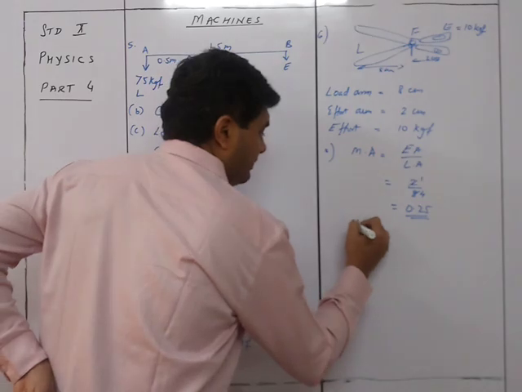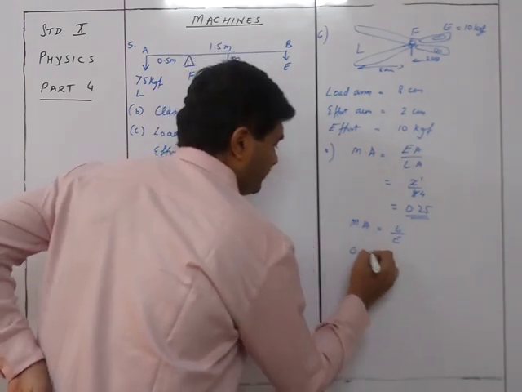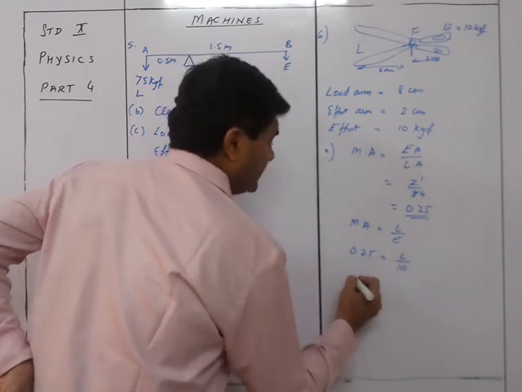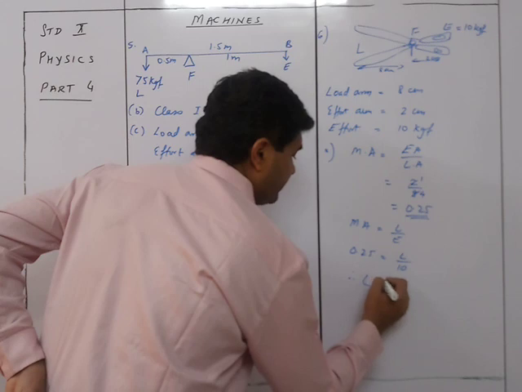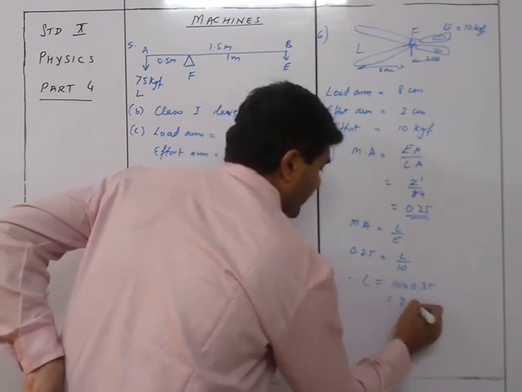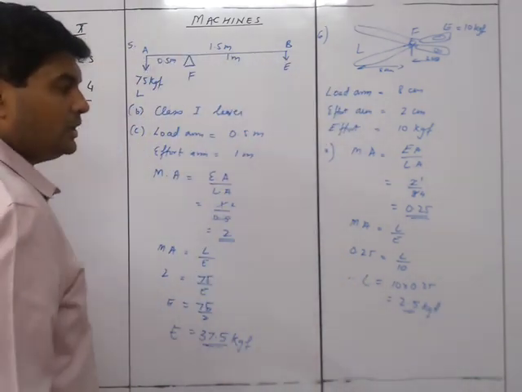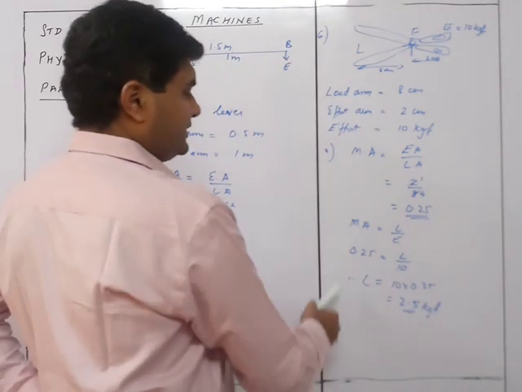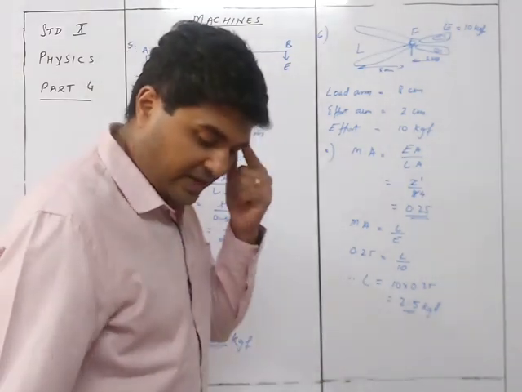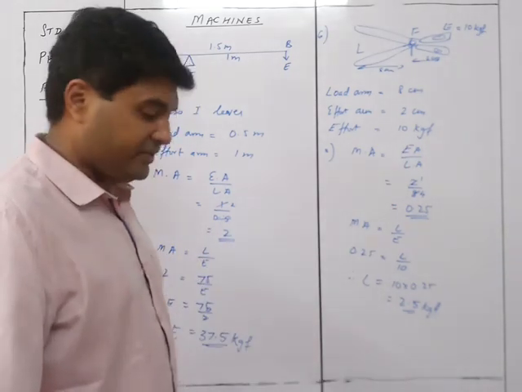Accordingly, MA is equal to load upon effort, so 0.25 is equal to load, being L, upon effort, which is 10. Therefore, load is equal to 10 into 0.25, which is 2.5 kgf. So that is the first part: the answers are 0.25 and 2.5 kgf.